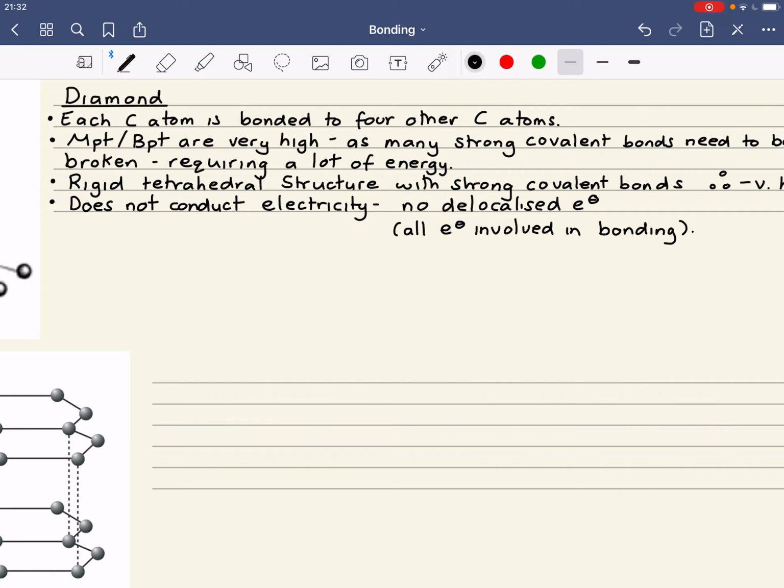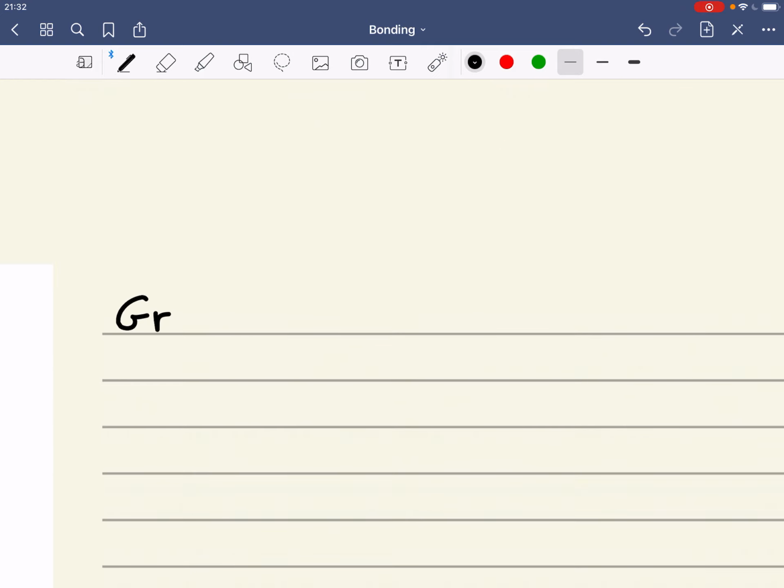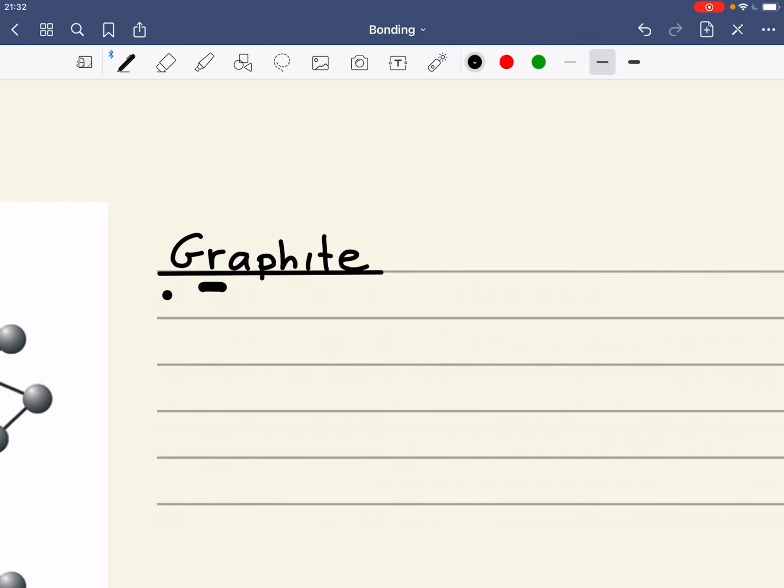The next macromolecular structure we're going to have a look at then is graphite. In graphite, which is different to diamond, each carbon atom is bonded to 3 other carbon atoms.